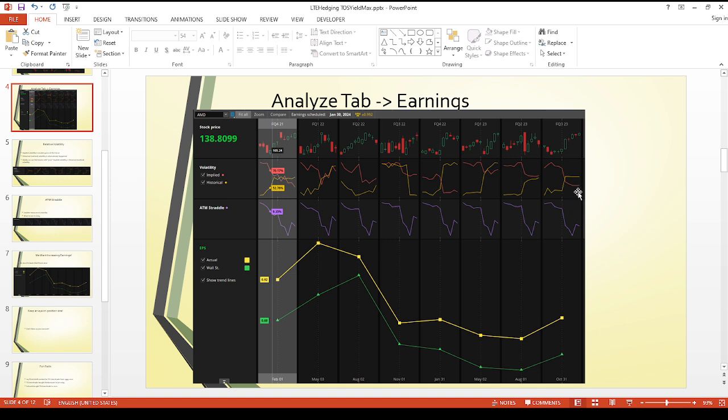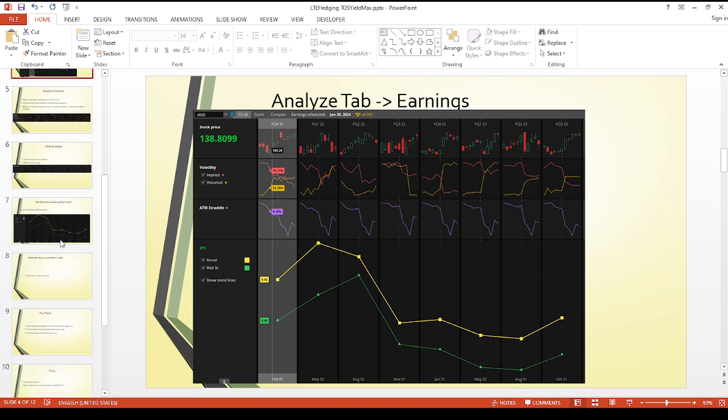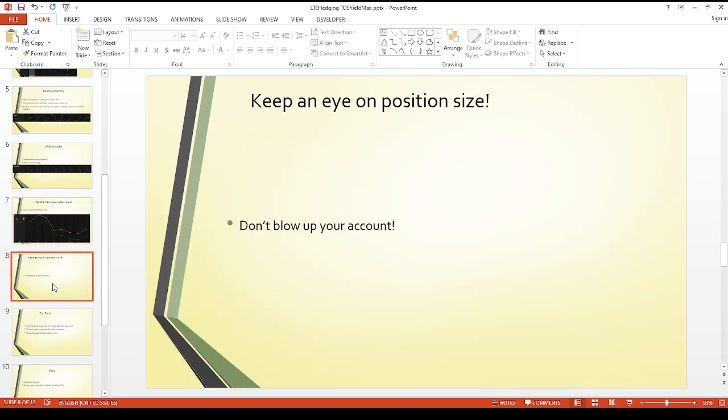And then obviously over here there's a bit of a conflict because the market looks like it's picking up, but the implied volatility is not confirming over here. But the at-the-money straddle looks like it's trying to confirm. And then same thing with the earnings. It looks like there should be some positive news, but maybe there's some hesitancy there. So it could be just another tool that we can use.